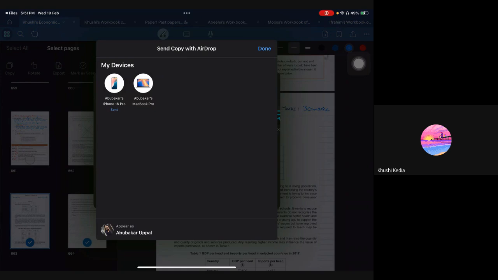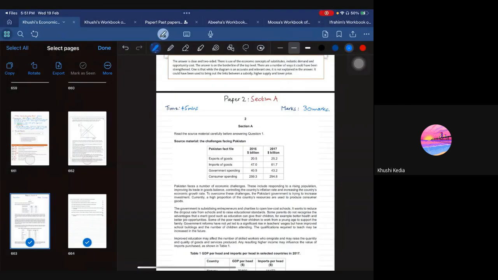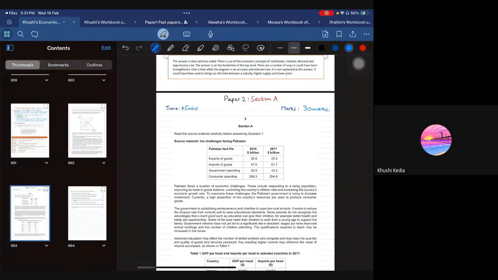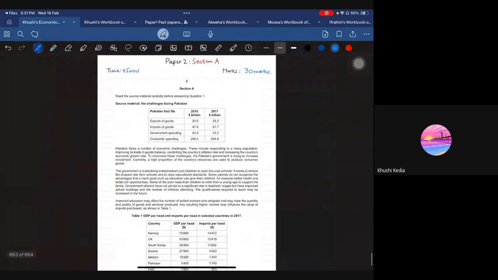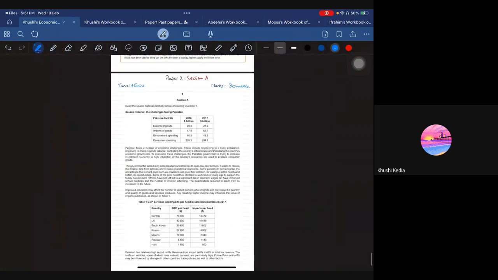Okay, Khushi, so I have shared it with you. Can you open it? Yes, sir. Got it? Yes, sir. Now, the first thing, Khushi, I want you to do is read the case study. It is very general.